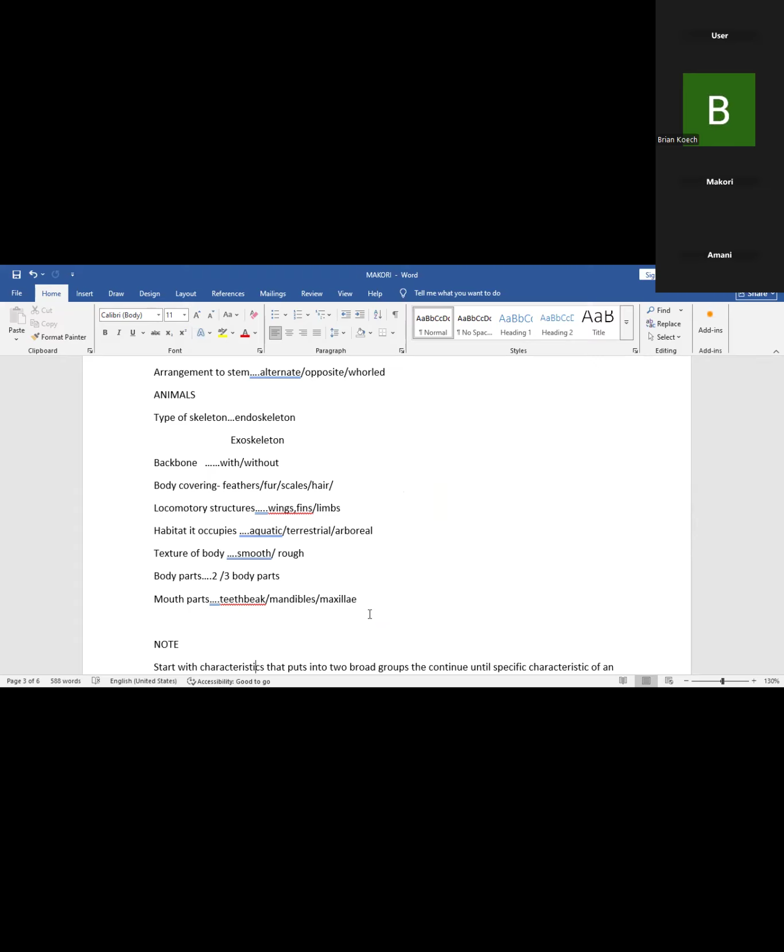Oh, that one I've arranged. What do you mean by bipinnate? I've explained on the bipinnate. I've said that we have got the main leaf stalk, and within that main leaf stalk, it is branched. And within the branch, we have got the leaflets.